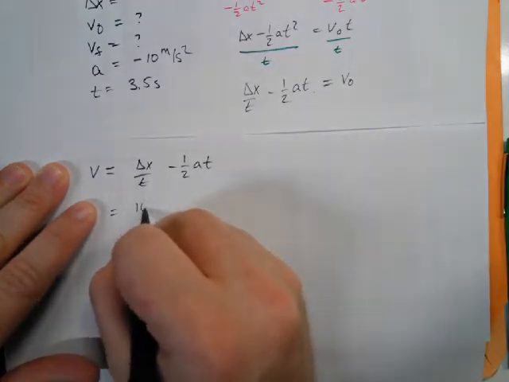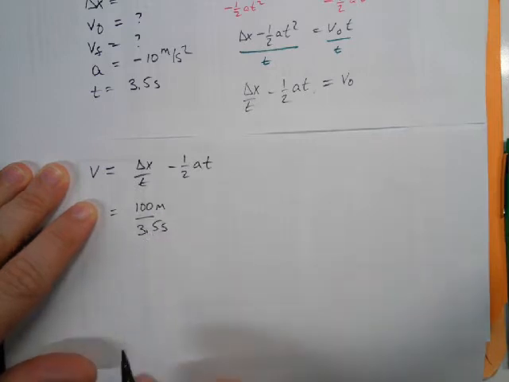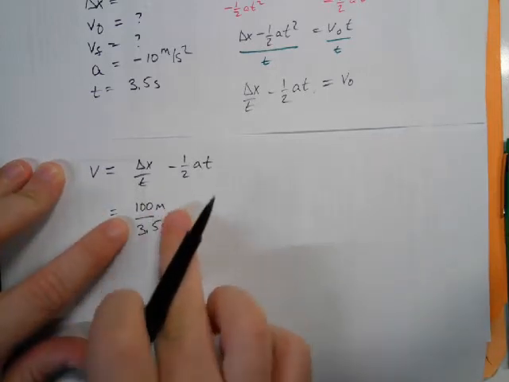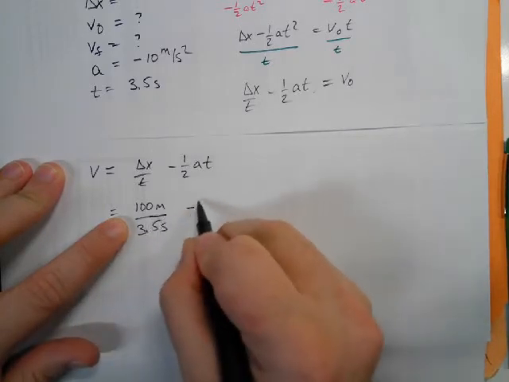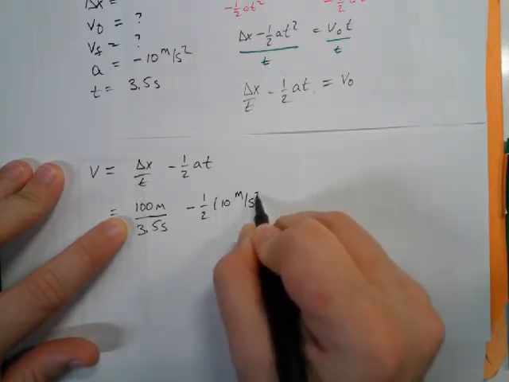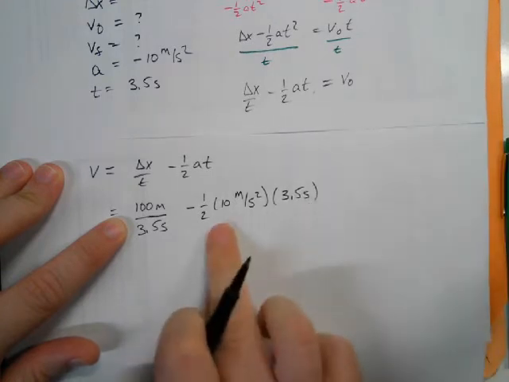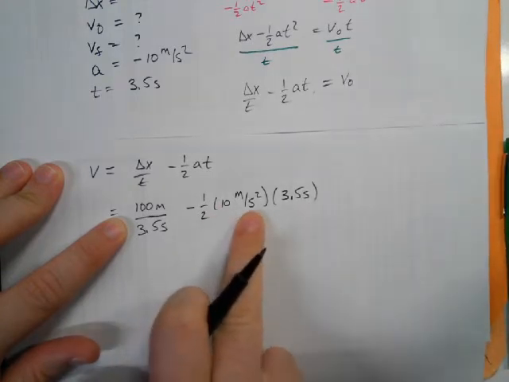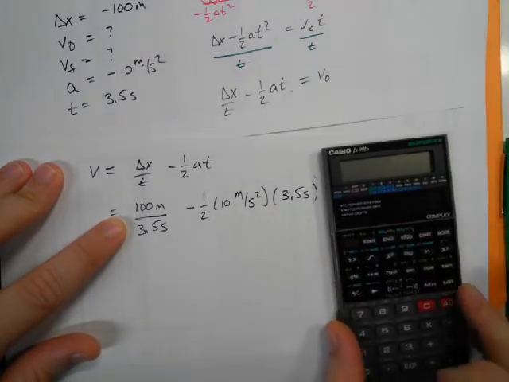We have 100 meters over 3.5 seconds. And that term's a velocity. It's distance over time, so that's good. And we have minus 1/2 10 meters per second squared times 3.5 seconds. And that is a velocity. That's acceleration times time.